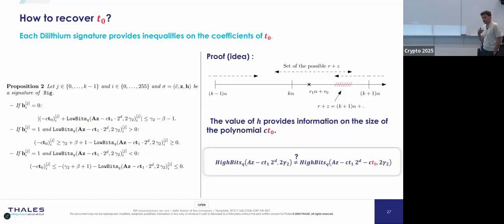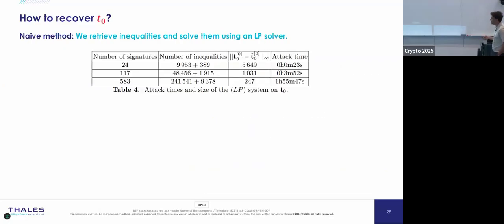And so when we know that each Dilithium signature provides an inequality, we first try the naive method. We want to collect so many inequalities that we will have a system that admits only T0 as a solution, and then we can solve it using a linear programming method. The problem is that this idea doesn't work because the LP system we construct is too complicated.